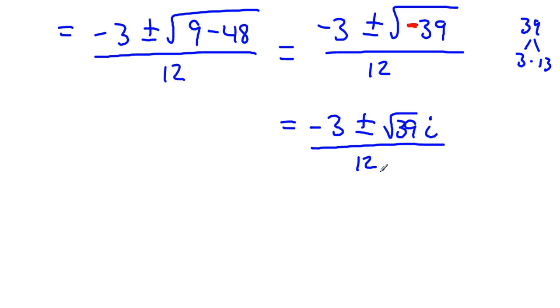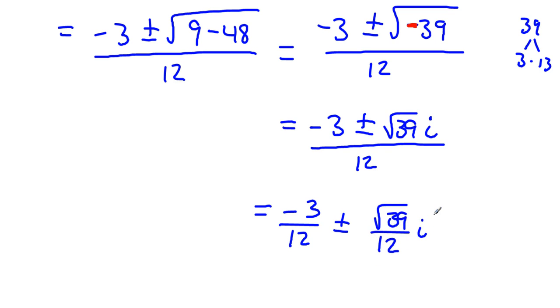Okay, now again, here's where they kind of contradict themselves from what they did back in the first part of chapter 10. When we had an answer similar to this, where we had the fraction part of it here, they would just leave it this way. For this one, like they were doing in the back part with the other part of the complex numbers in 10.8, they actually are going to make you split this up as negative 3 over 12 plus or minus the square root of 39 over 12 and put the i term here.